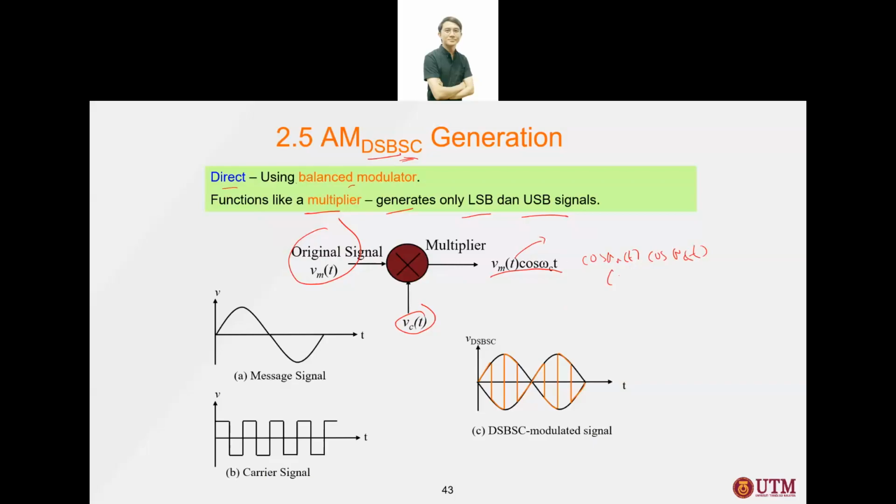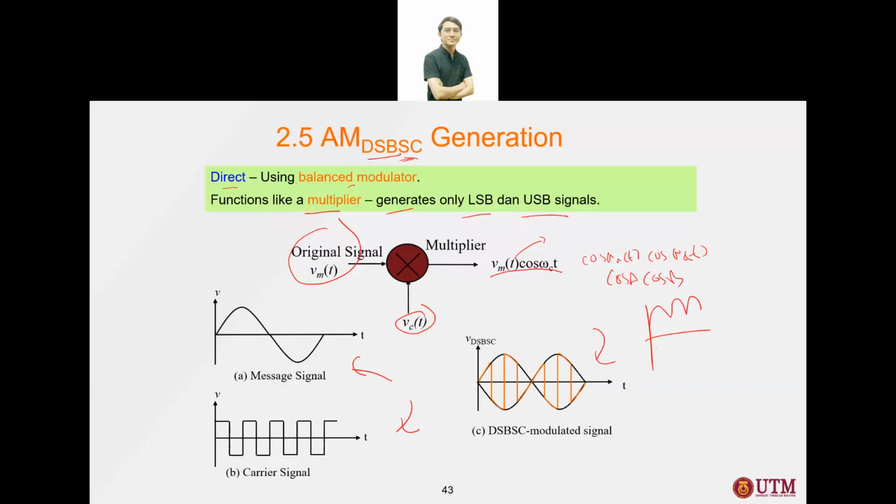So this will trigger the trigonometry, because this one is cos A cos B. This is your message signal, this is your carrier signal, and this is the double sideband suppressed carrier modulated signal.